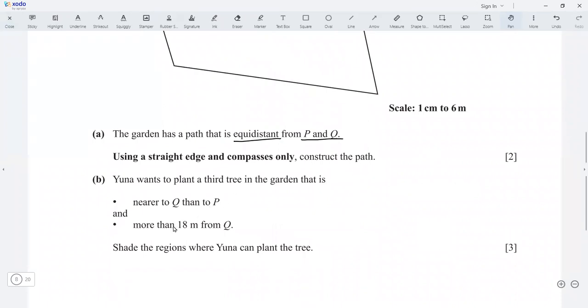Once we have done the next part, we can shade the region exactly. They're saying it is more than 18 meters from Q. When the scale is 1 centimeter to 6 meters, 18 meters must be equal to 3 centimeters. We divide 18 by 6, resulting in 3 centimeters from Q. We have to shade the region where Yuna can plant the tree.